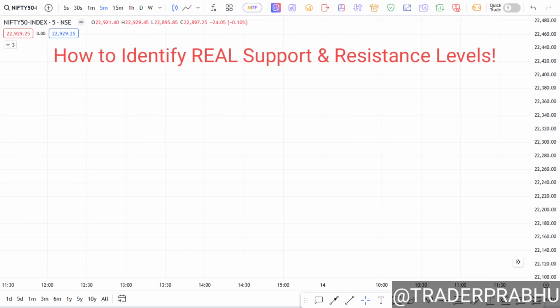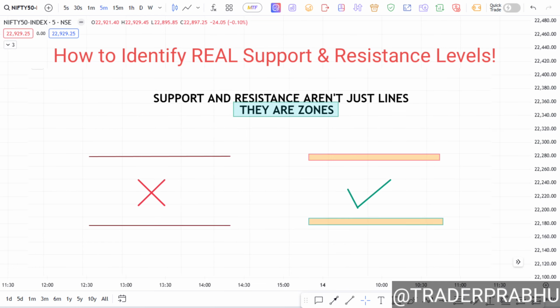But before that, here is a quick secret most traders don't know. Support and resistance are not just lines, they are zones. Yes, zones, not just a single price point. And if you don't know how to find these zones correctly, you are going to get stopped out again and again.